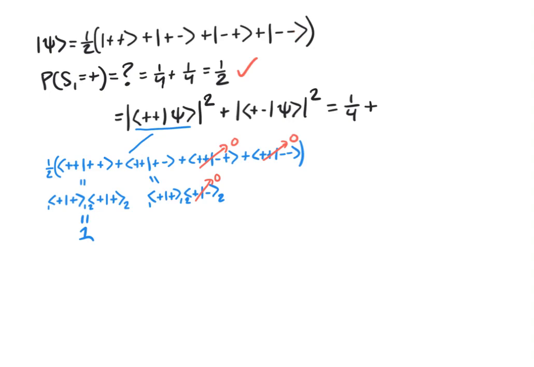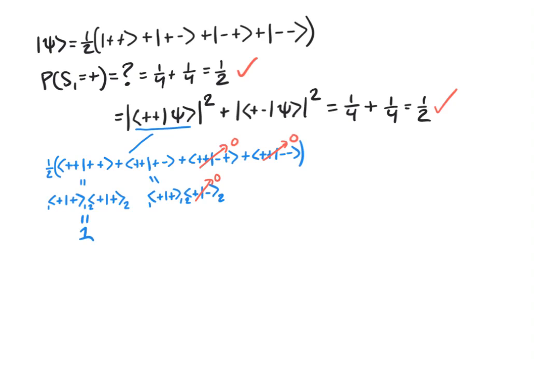And in the fourth case, particle 1 is also going to be the one responsible for giving a 0, because particle 1 being in the state minus is perpendicular to particle 1 being in the state plus, and so it's going to give us 0. And once again, that's going to give us simply the 1/2 from here times the inner product of this bra with this ket, and then we take the magnitude of that squared, which gives us, once again, 1/4. And so we've calculated a total probability of 1/4 plus 1/4 equals 1/2.